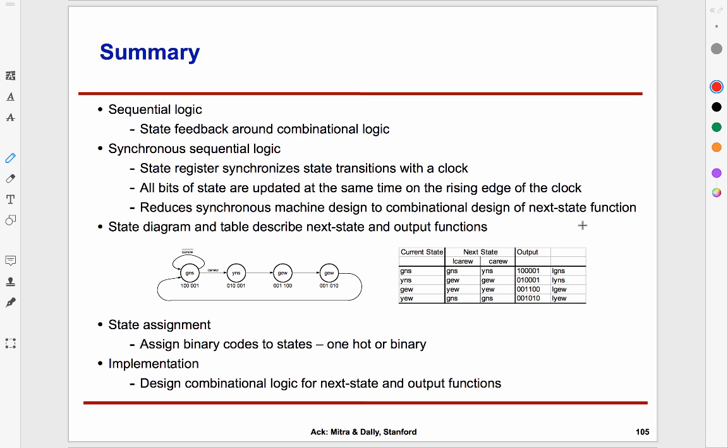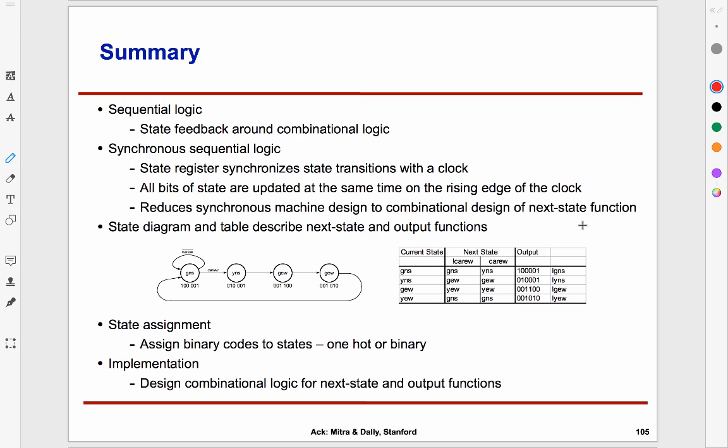Another is the truth table, where the inputs are the current state and whatever input signals are coming from the outside world, and the outputs are the output going to the external world as well as the next state. The third representation is the state transition diagram, where you have nodes representing the states and edges representing the transitions. And depending upon whether your system is Mealy or Moore, the outputs may either go into the state or on the edges.